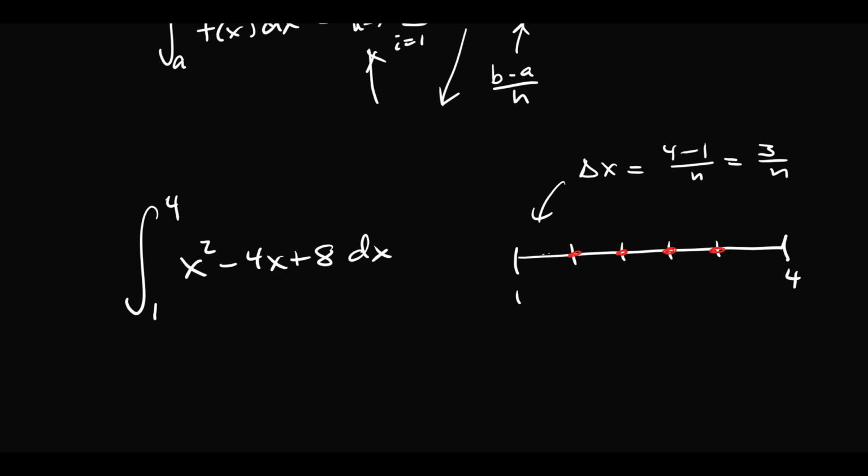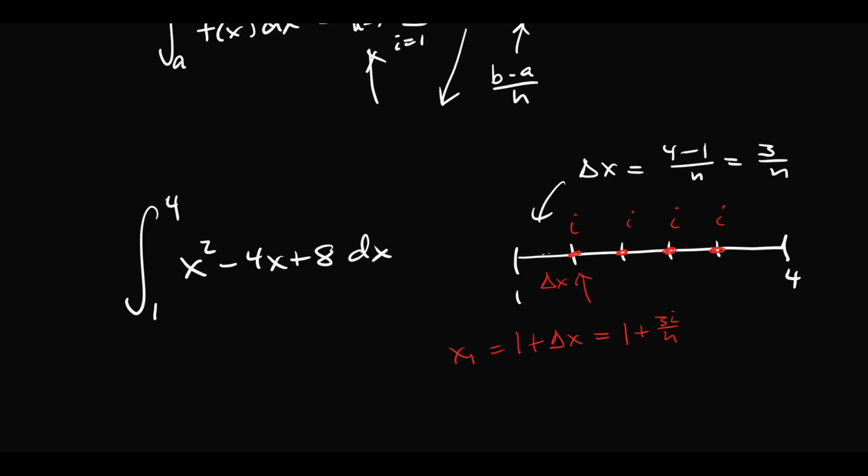But the first one, x sub 1, will be 1 plus delta x, which is 1 plus 3 over n. But there's i of these, so this is the ith one, right? So I want to generalize it, and I'm going to make that 3i over n.